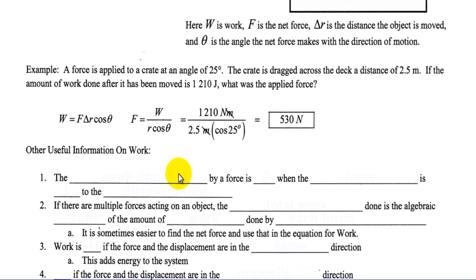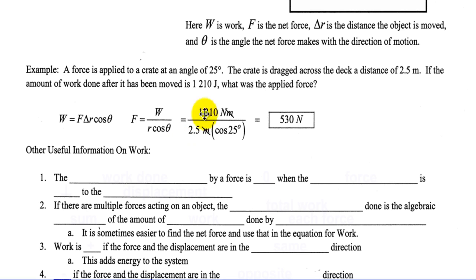Let's see an example. A force is applied to a crate at an angle of 25 degrees. The crate is dragged across the deck a distance of 2.5 meters. The amount of work done after it has been moved is 1,210 joules. What was the applied force? That's simple. Work equals F, change in r, cosine theta, because the 25 degrees is from the direction it's moving.